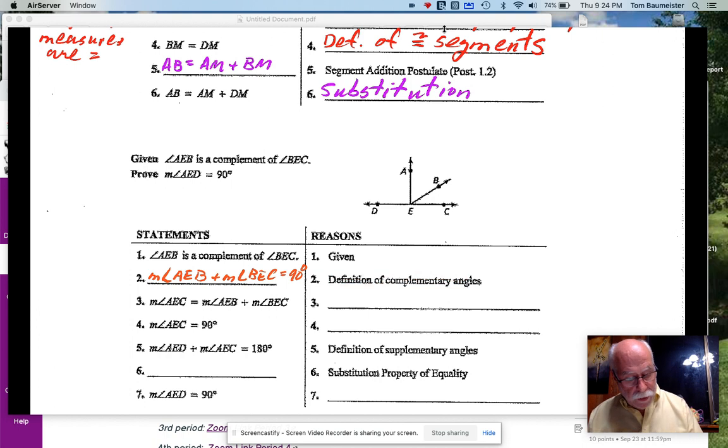Okay? So let's look again here. We know that the measure of angle AEC is equal to the measure of angle AEB plus the measure of angle BEC. And how do we know that? Because we're taking this angle and adding it to that angle there. So we are using the angle addition postulate.